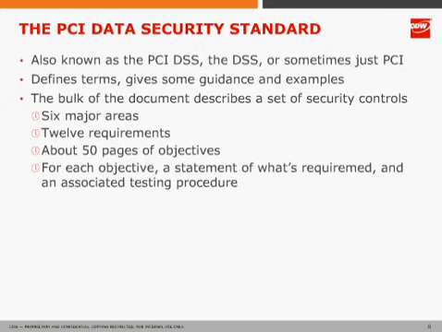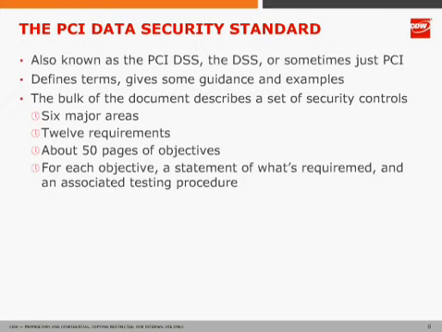So you have to have antivirus, you have to have a firewall, you have to have intrusion detection, that kind of thing. So these controls are organized into 6 major areas. Those 6 major areas sort of span out into 12 requirements. Each of those requirements has many sort of sub-objectives. So it's about 50 pages just of objectives. It looks like a giant spreadsheet for the most part.